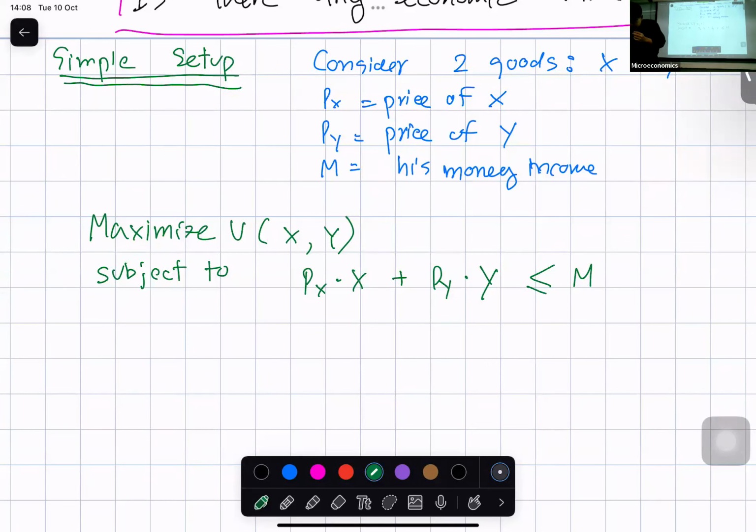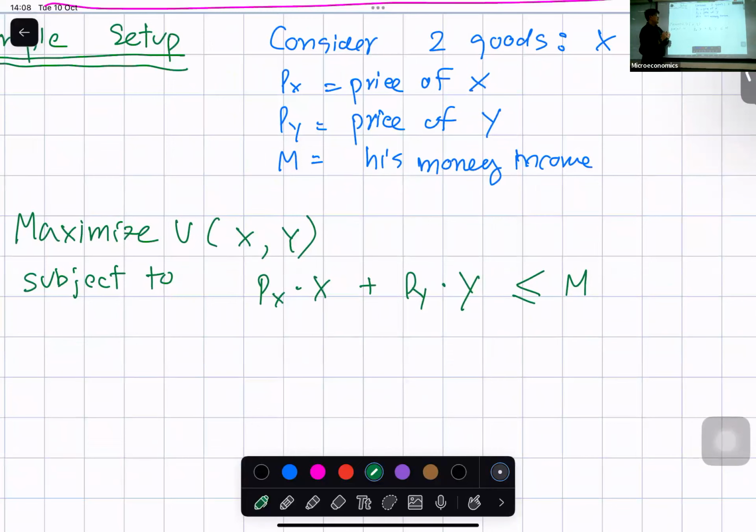If we look at this, PX. Let's just put this story in. X is pizza, Y is Pepsi. PX is the price of pizza times the amount of pizza that he wants to consume. X is a number of slices, number of pieces. PX times X is the quantity of pizza he wants to buy.